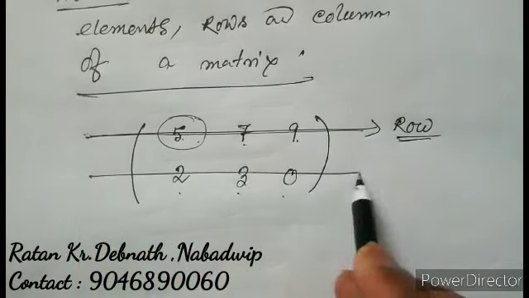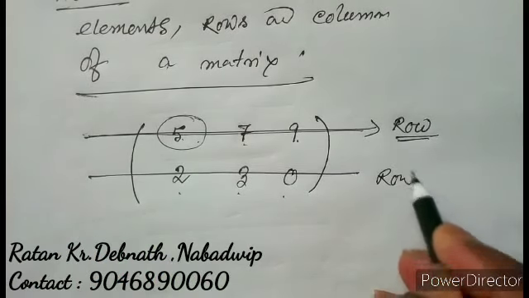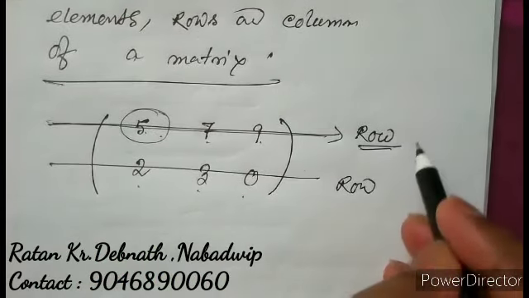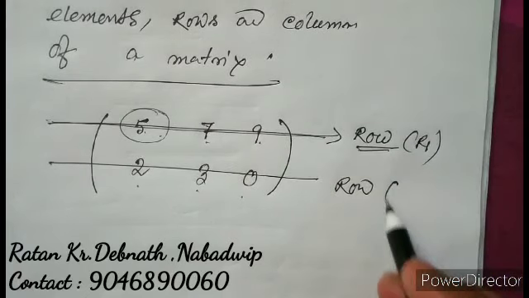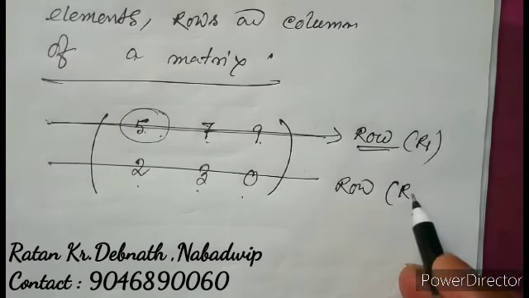This is another row. Simply we call it R1. This is called R2.